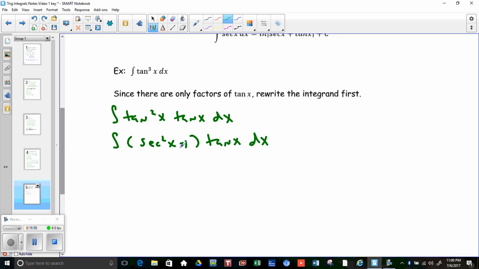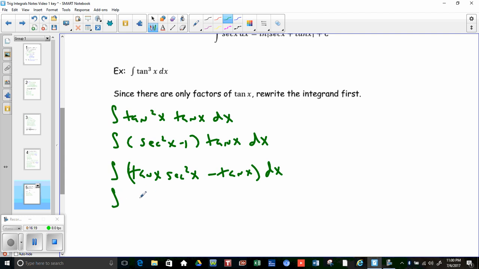So now I have at least in some part created a combination of tangents and secants. What I'm going to do is go ahead and distribute the tangent back in now. So I've got tangent x secant squared x minus tangent x. All right, so using properties of integrals, I can split these two things because they're being subtracted into two separate integrals.